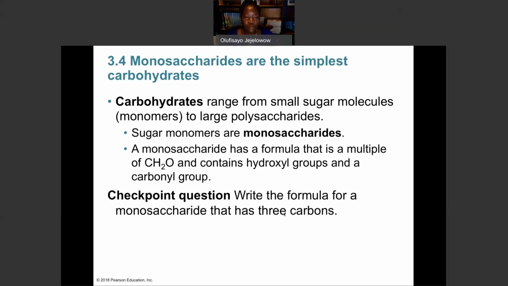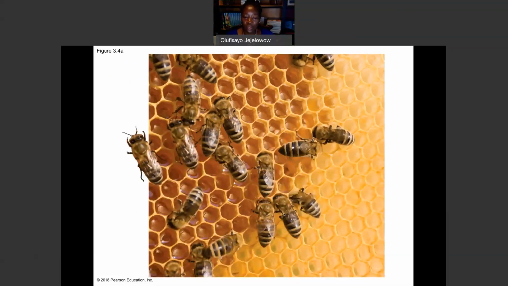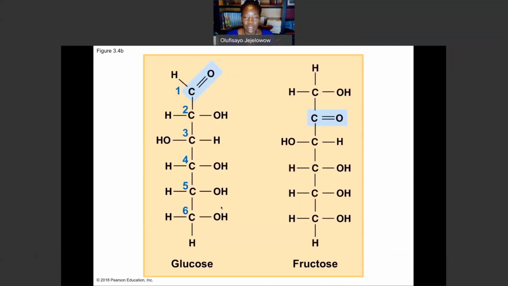This is honey, sweet, and a carbohydrate. This is an example of another carbohydrate or monosaccharide, glucose. Glucose and fructose are isomers.